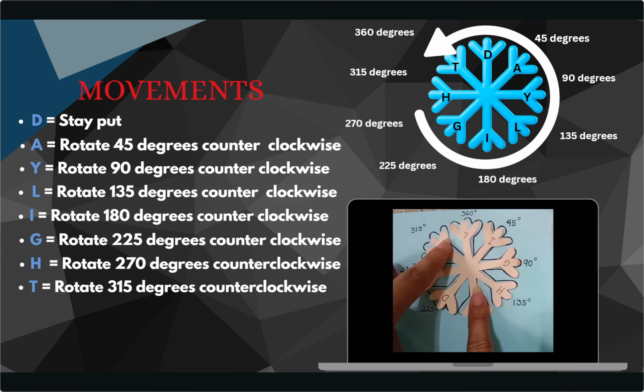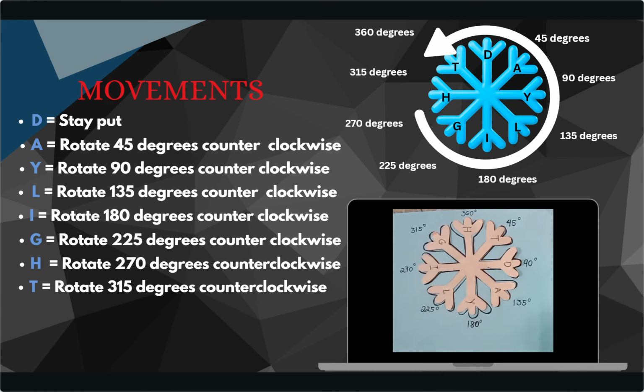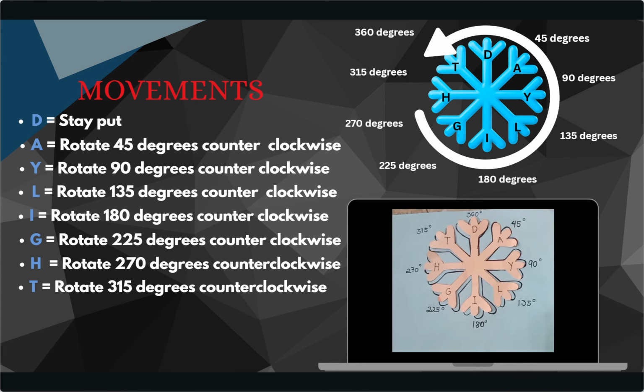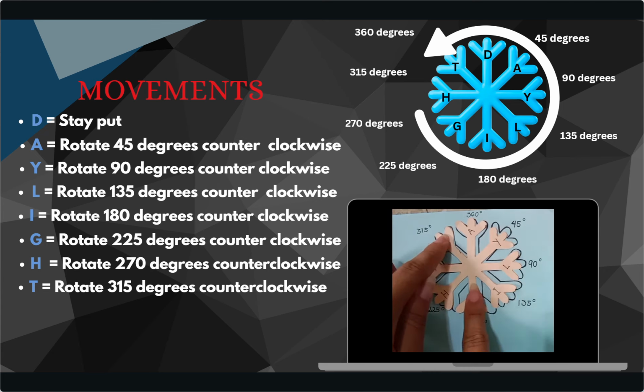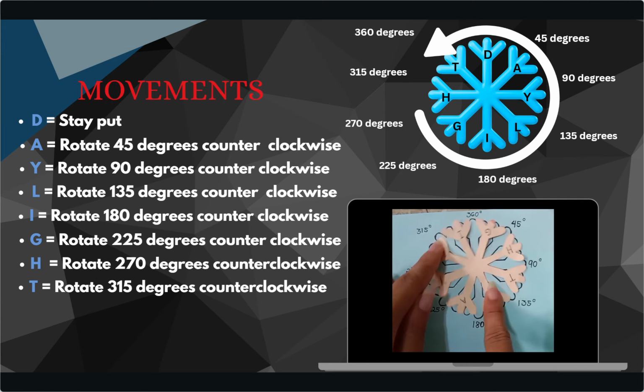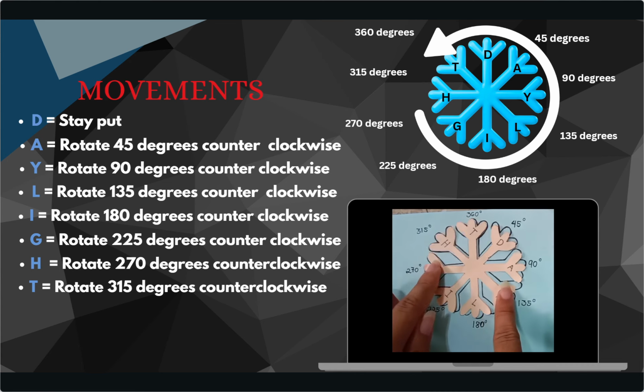And by rotating it, we come up with letter H. Now, for letter T, rotate 315 degrees counterclockwise. By rotating 315 degrees counterclockwise, we come up with letter T.